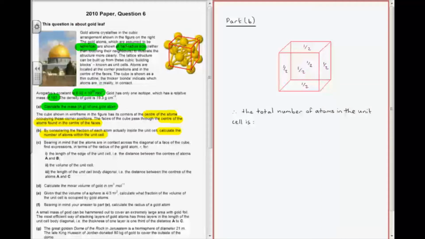Each corner of the unit cell contains within it 1/4 of 1/2 of an atom, which is equivalent to 1/8 of an atom, and so we can represent this by adding 1/8 inside each corner of the unit cell.